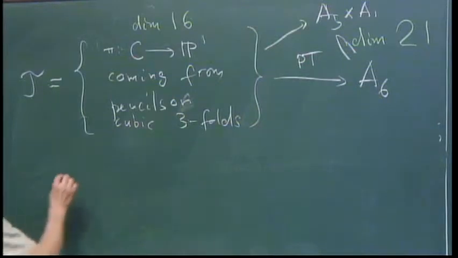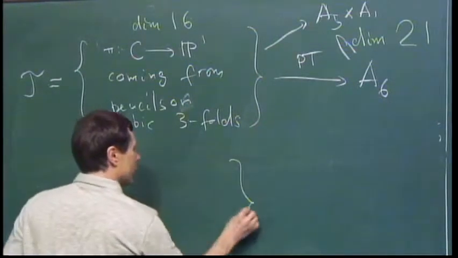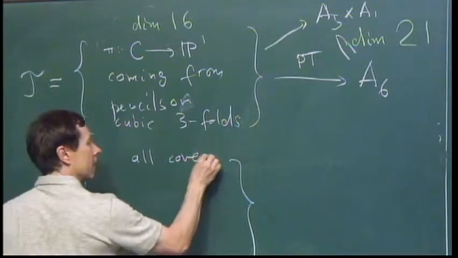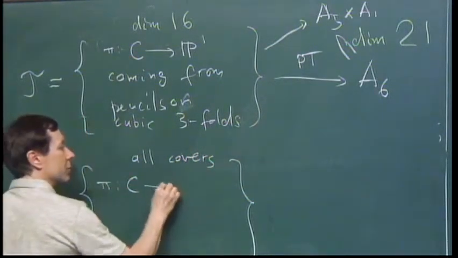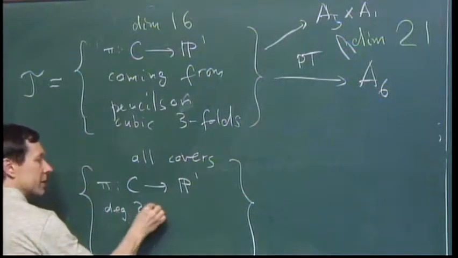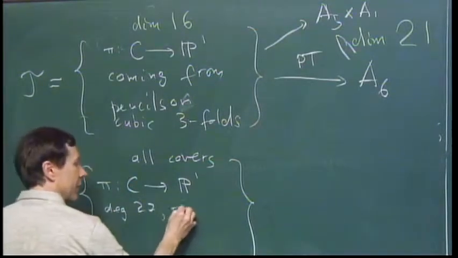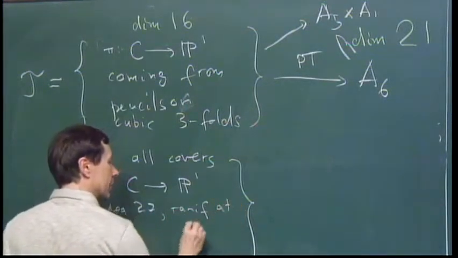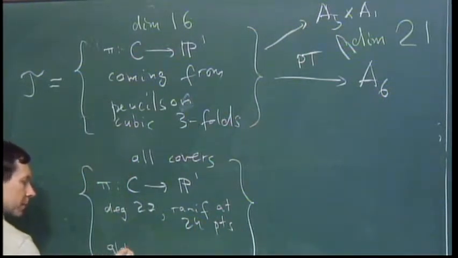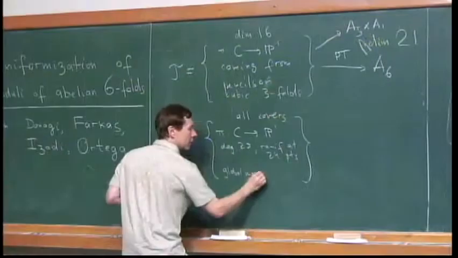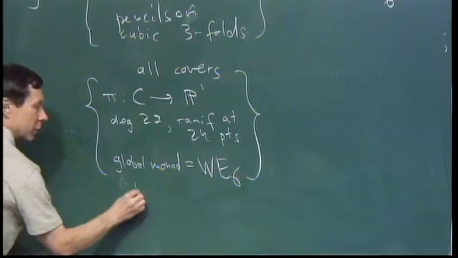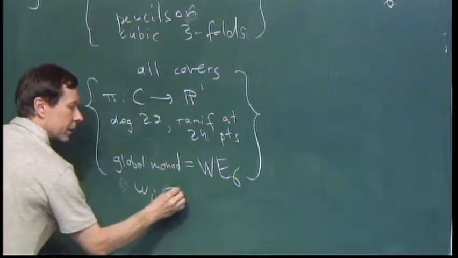However, you do the following. You look at all covers pi from C to P1 which are of degree 27, which are ramified at 24 points, such that the global monodromy group is W(E6), and the local monodromies are reflections.